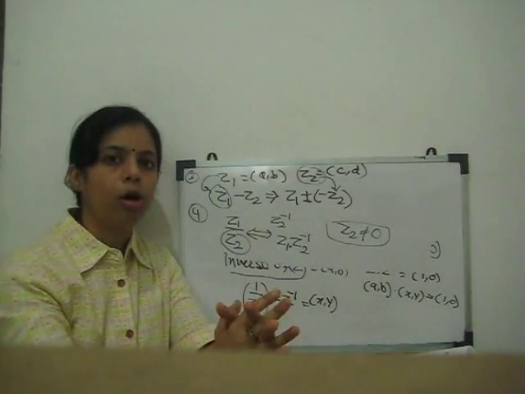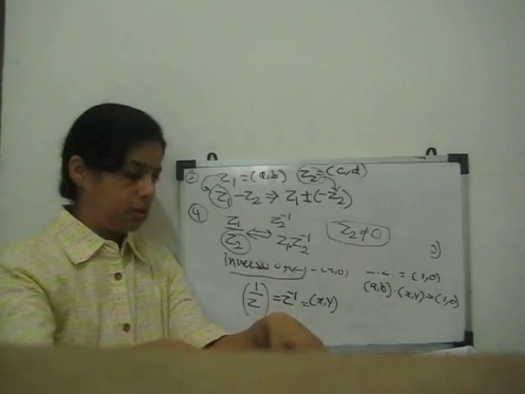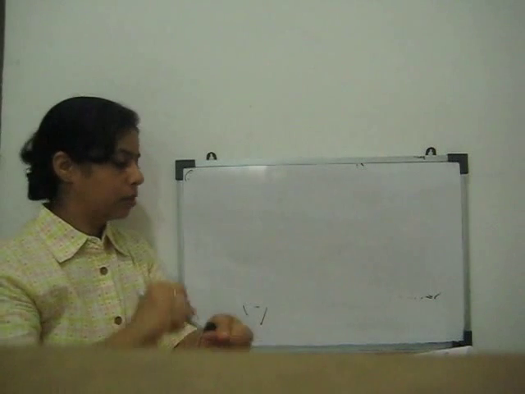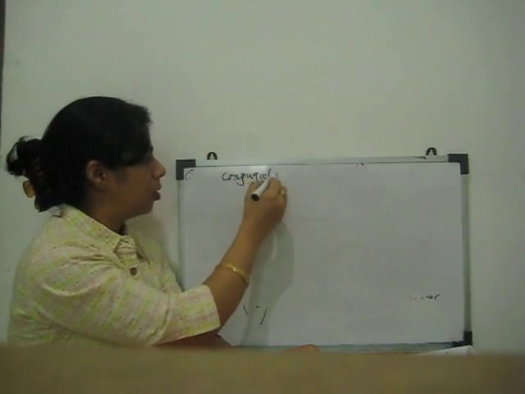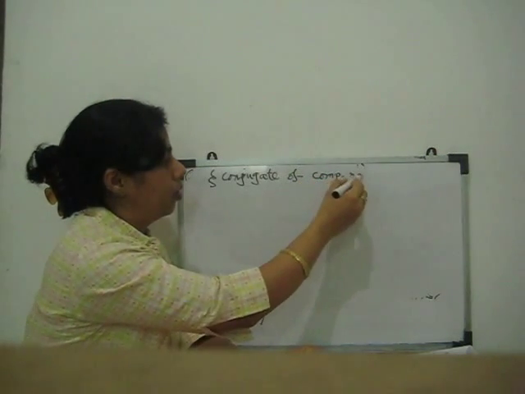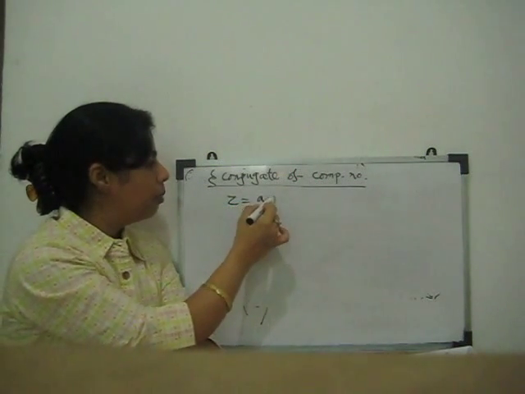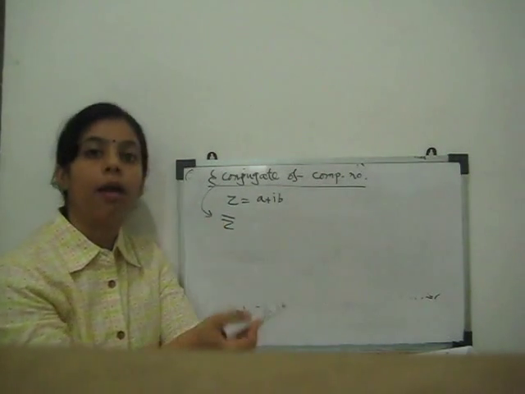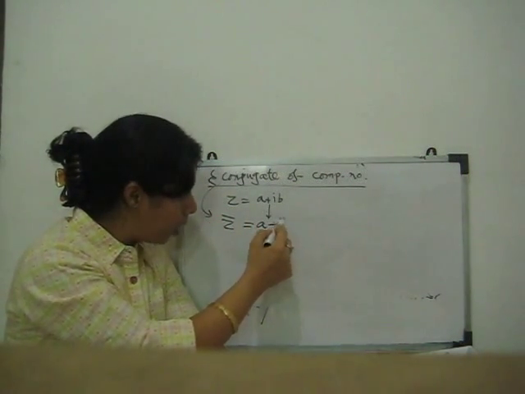Next we talk about the conjugate of a complex number. So what is the conjugate number? If z is our number a plus iota b, then we denote its conjugate complex by z bar, and it is given by z bar equals a minus iota b.